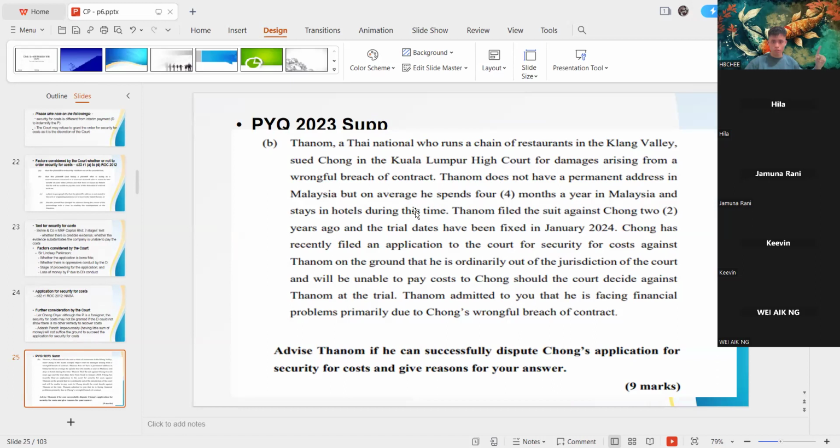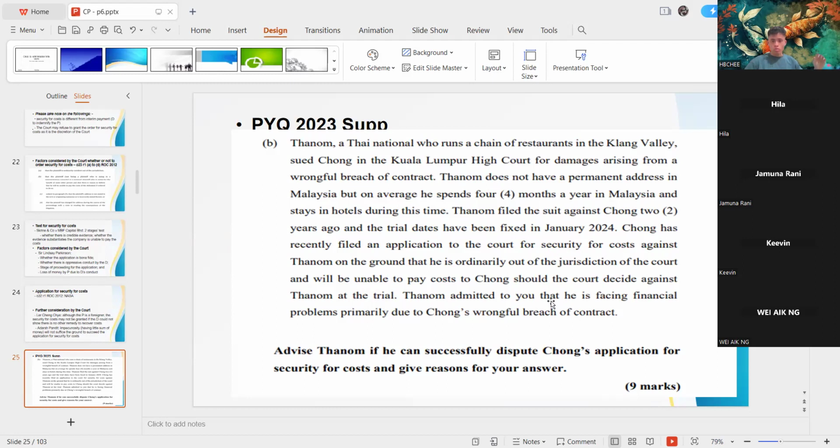Okay, this is the first keyword already. But there are two key factors here. First thing is he is a Thai national. Second thing, he is staying in the hotel most of the time. So it suffices 2 grounds already. And then now he's suing this and that, suing Chong 2 years ago, and then now he wants to file an application. So whether he can do that.